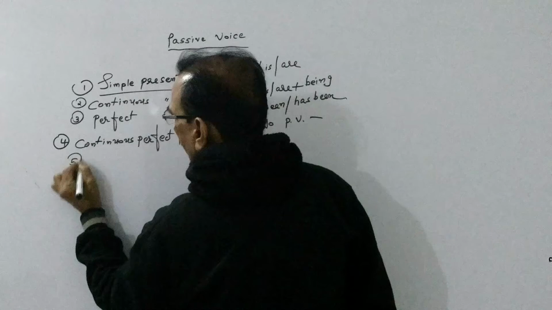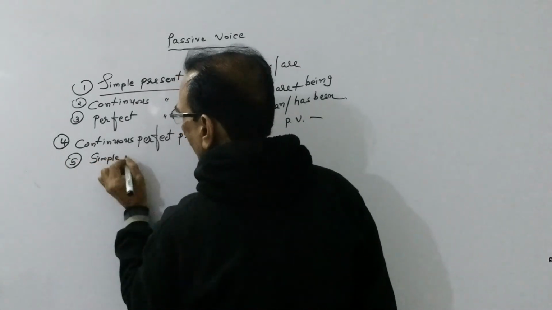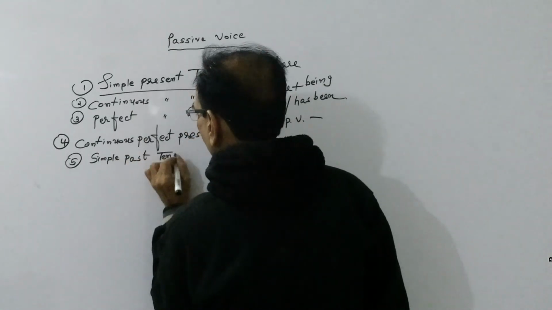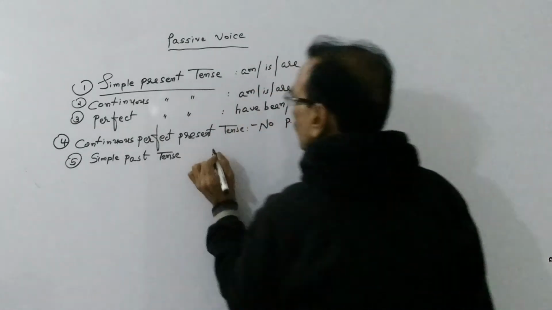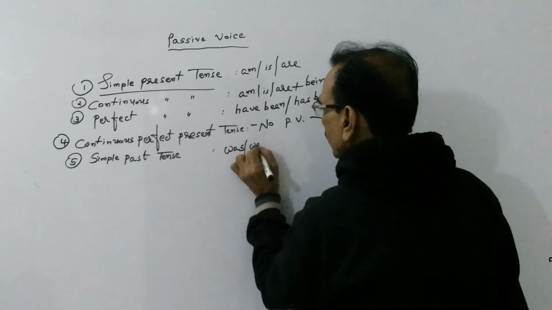Fifth one, simple past tense. In simple past tense, we use was or were.